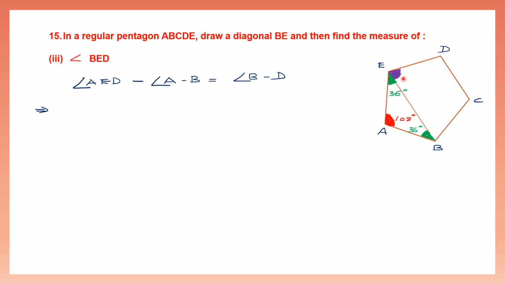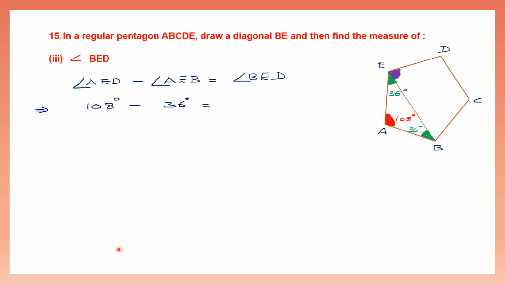So if this is 108, this is also 108 degrees. So that is 108 degrees minus angle AEB. This is AEB, only this green portion, that is 36 degrees, we will find angle BED.